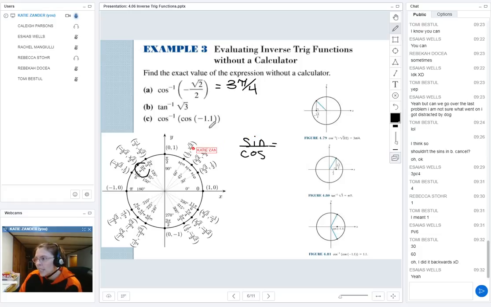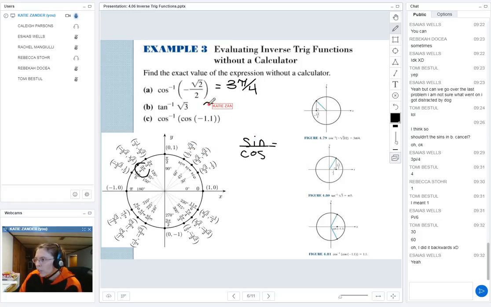So if I look at 60 degrees or pi over 3, that would be the square root of 3 over 2 over a 1/2. Notice the 2's are going to cancel, and you're left with the square root of 3 over 1. So just make sure you're not setting it up backwards. With your ordered pairs, it's always cosine and then sine. Seems really weird, right? But cosine comes first in the ordered pair and sine comes second.